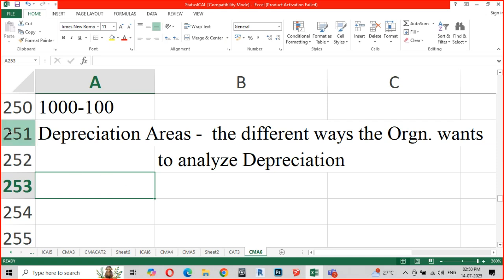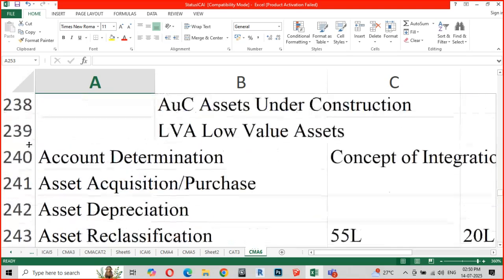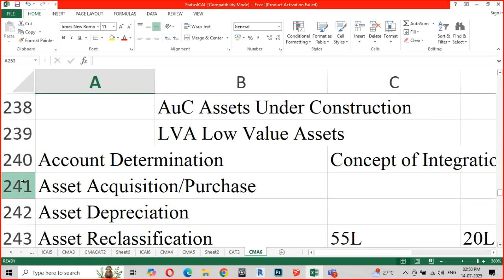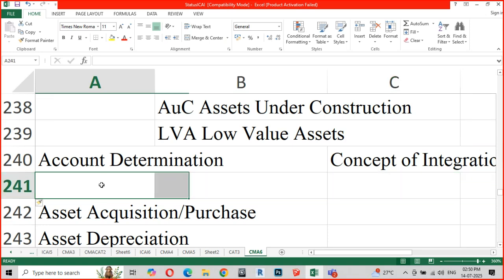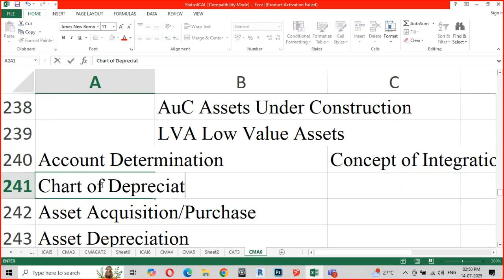There is another concept even before we start all this. Chart of depreciation. In SAP, you do not have the concept of creating your own chart of depreciation.